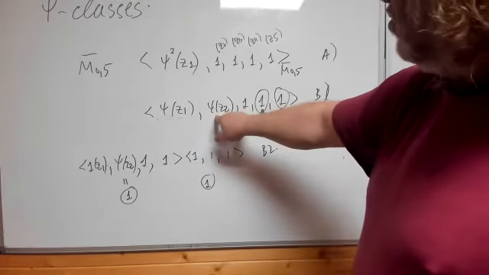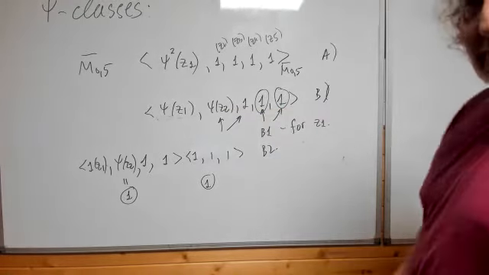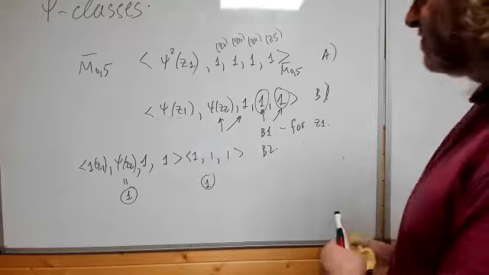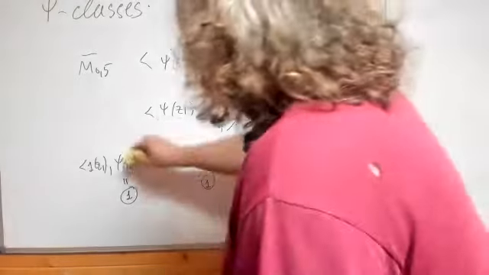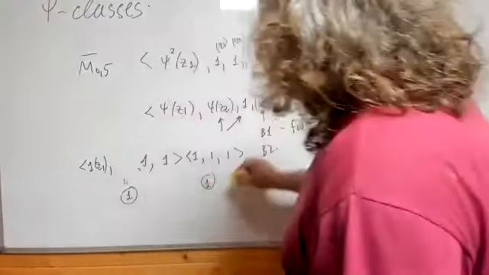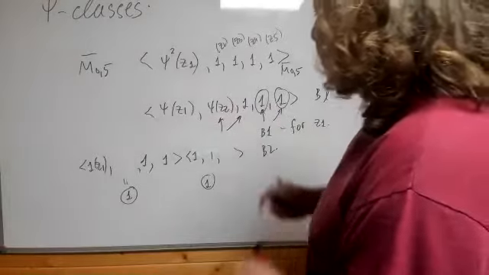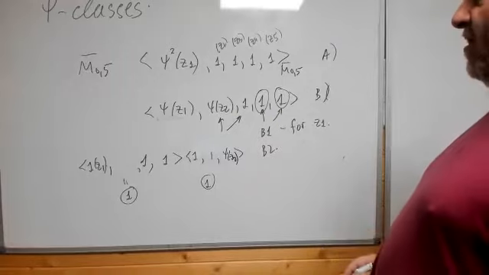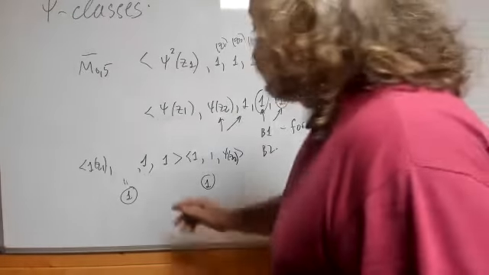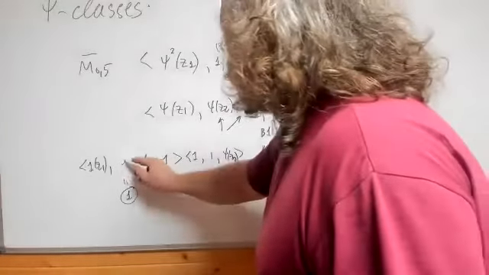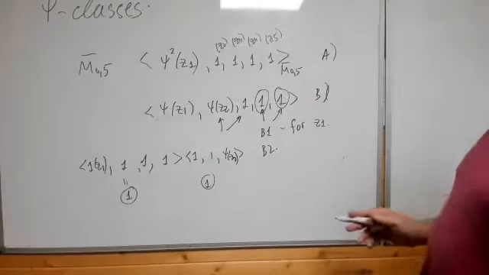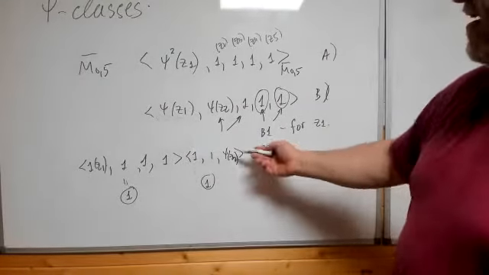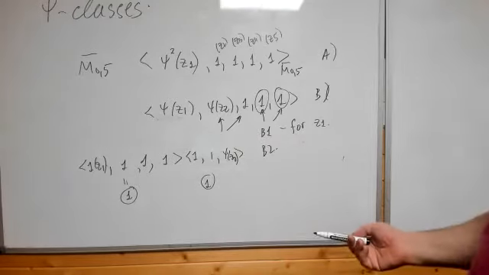If I take points like this, I would like to put psi Z2 here. But here I have clearly 0.